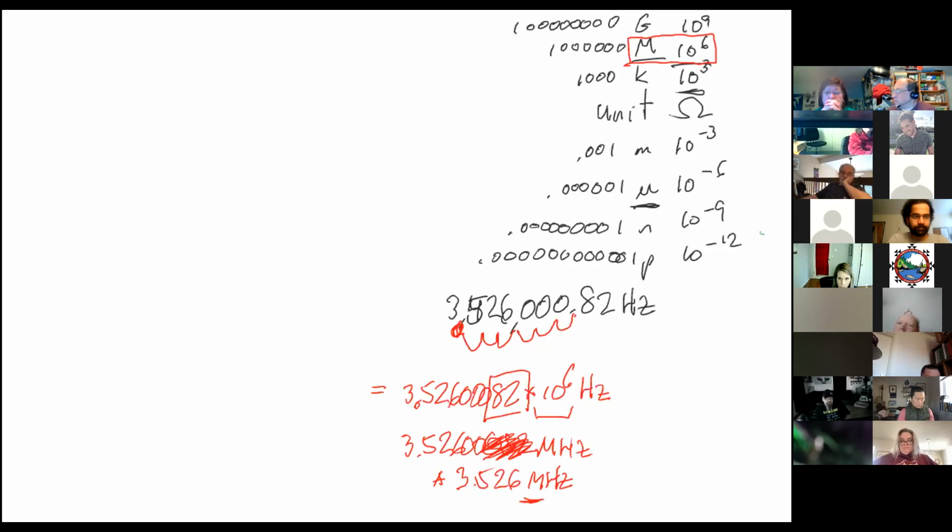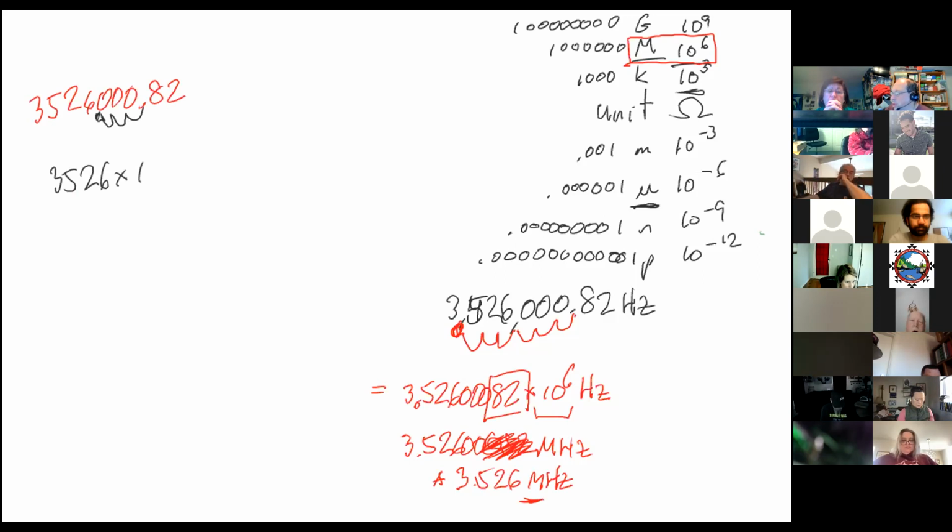I could also convert this to kilohertz if I wanted to. And I would say 3.526000082. And I could slide this over now 1, 2, 3 places. That's 3.526 times 1,000 hertz.